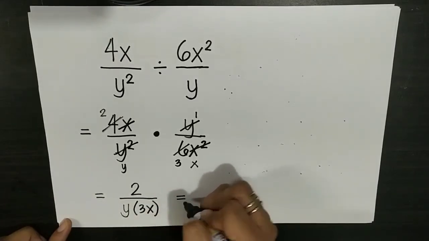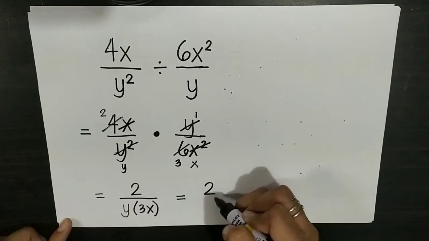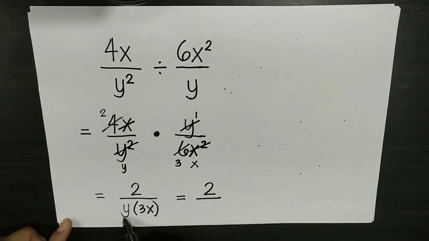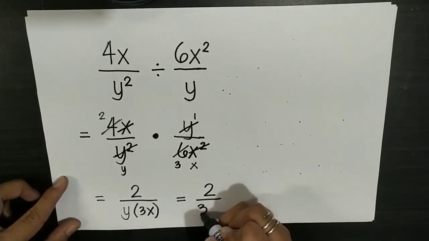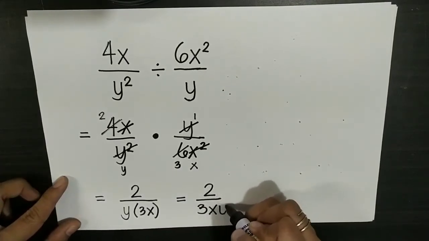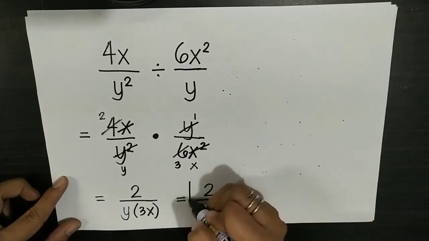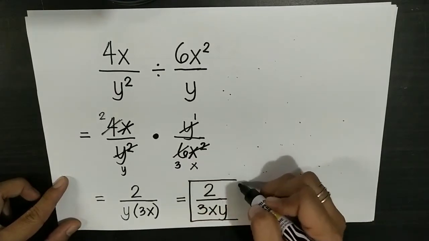Okay, so let's simplify. We have 2, multiply y and 3x. Y times 3x is 3xy. So this is now the answer.